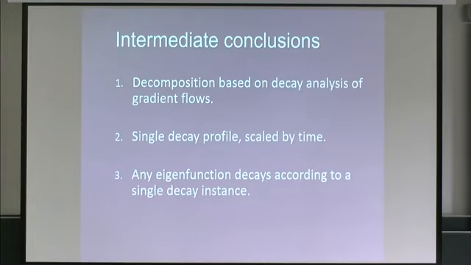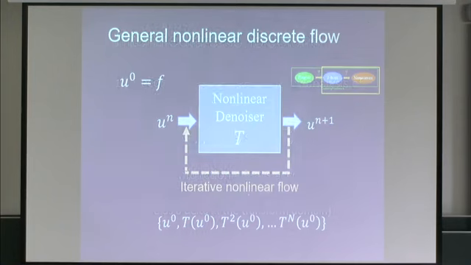So different scales of the same profile decay. And here an eigenfunction decays according to a single decay instance, which will eventually yield this delta in the transform domain. Like in diffusion, a sine function is a delta in Fourier, and it will have a single flow. So if we want to generalize it to a non-convex setting, this is our general setting now.